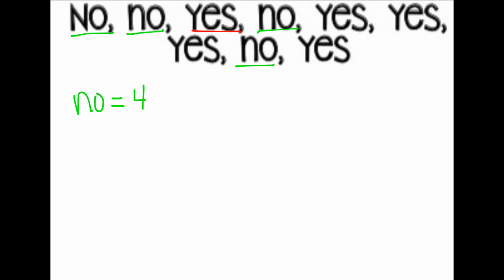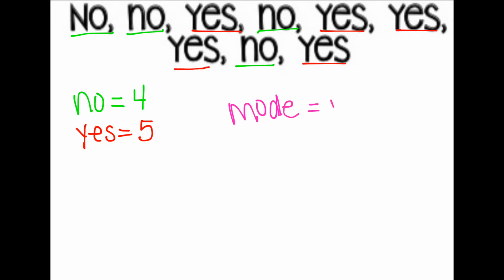We have 1, 2, 3, 4, 5. Our yes equals 5. Remember, mode equals most. So our mode in this data set is going to equal yes.